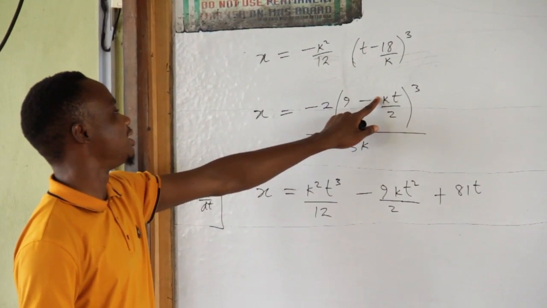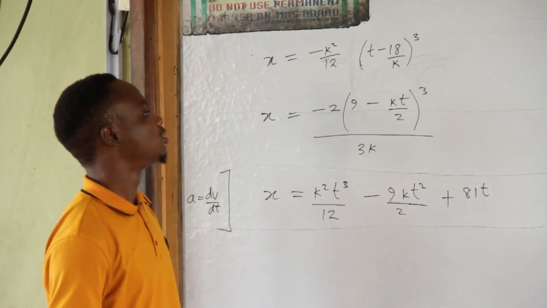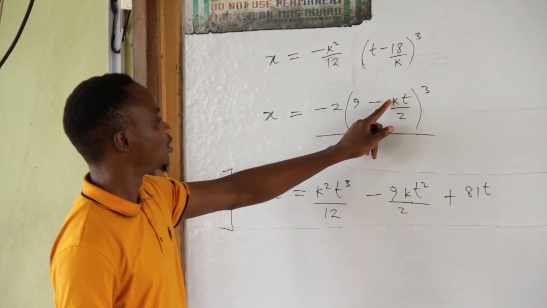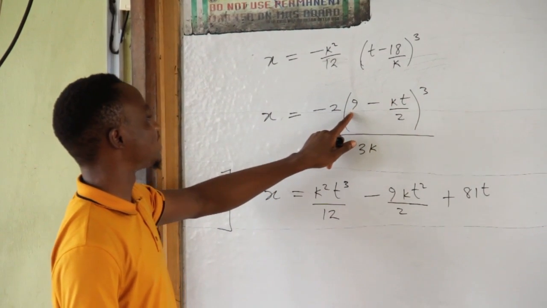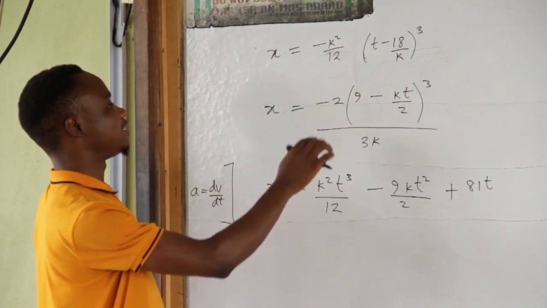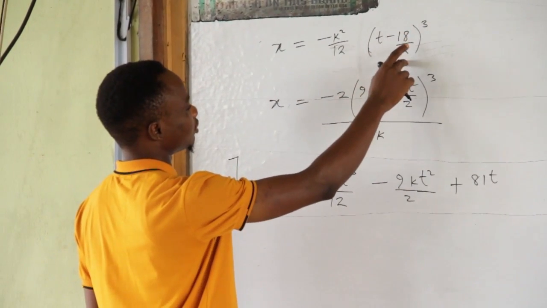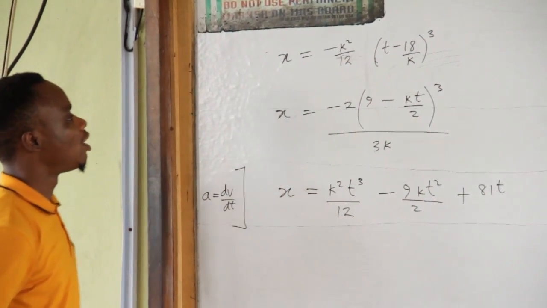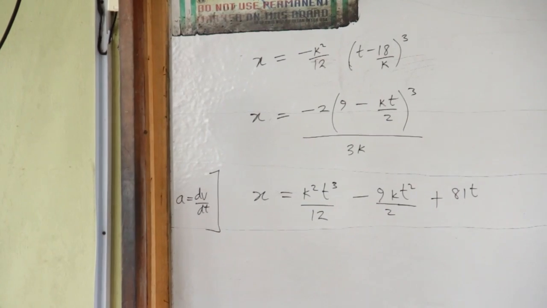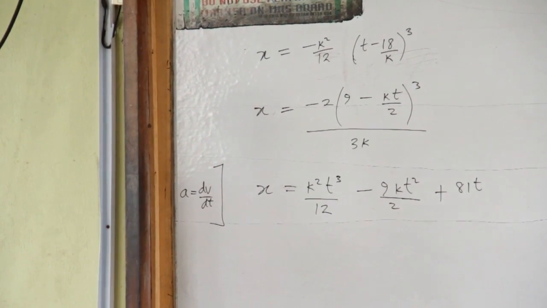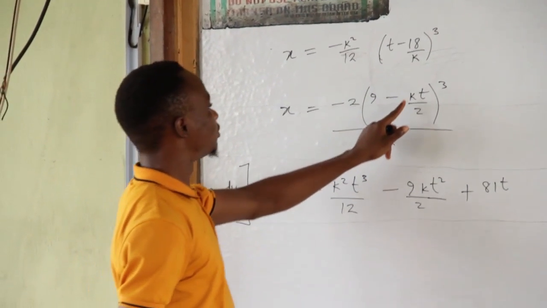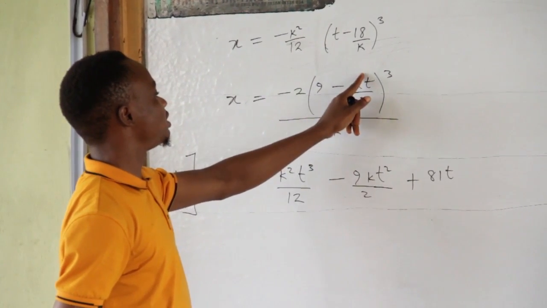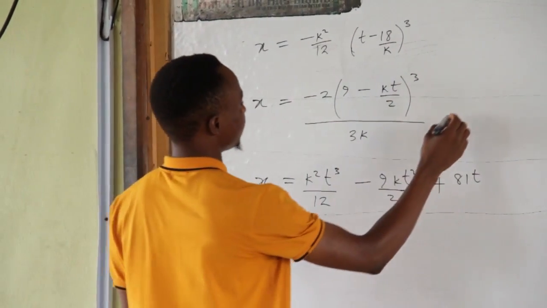Let's see if they are equivalent. It's possible they are the same. So I want to have c alone. Let's see if I can factorize this.